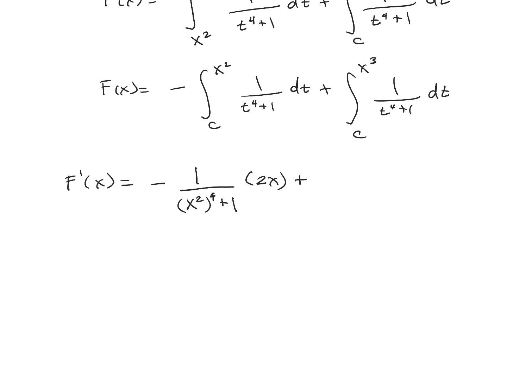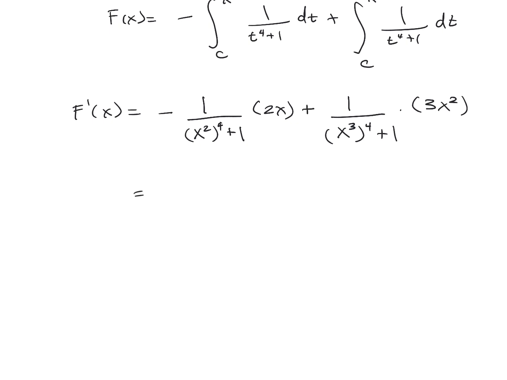Then we're going to have plus the integrand function evaluated at x cubed, so x cubed to the 4th plus 1, times the derivative of x cubed, which is 3x squared.